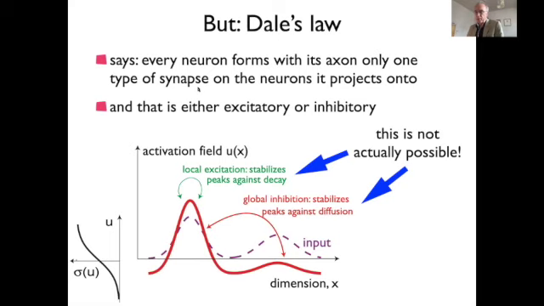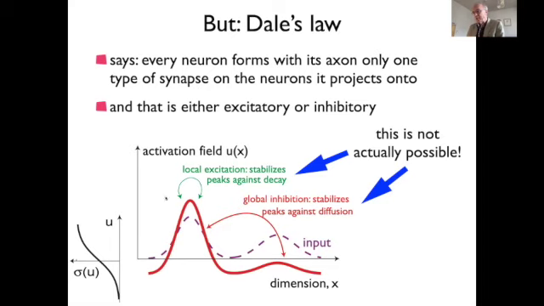And by one type of synapse, we mean in terms of the neurotransmitter, and that means it is either excitatory or inhibitory. You don't have a neuron that makes some excitatory synapses and some inhibitory synapses. This is why we even talk about excitatory neurons and inhibitory neurons, because that's just short for what kind of synapses these neurons make on their targets.